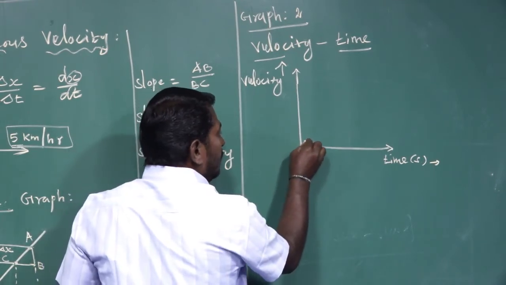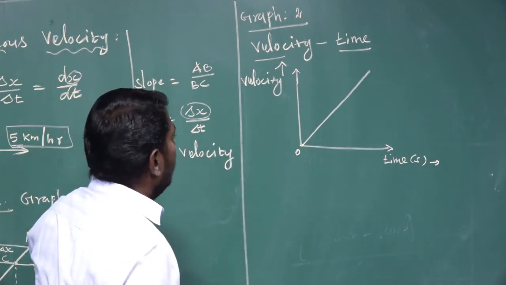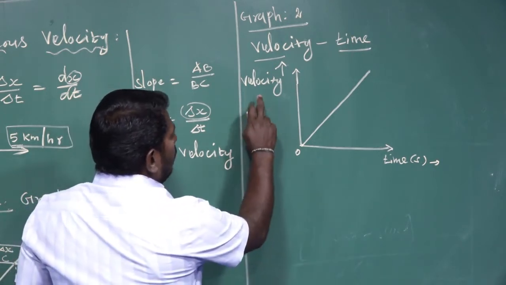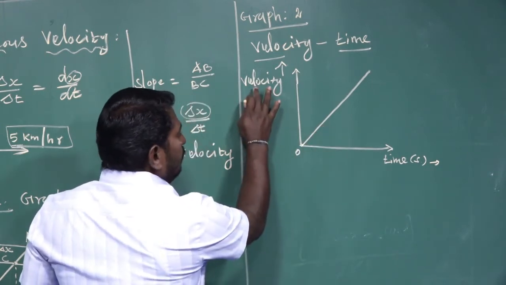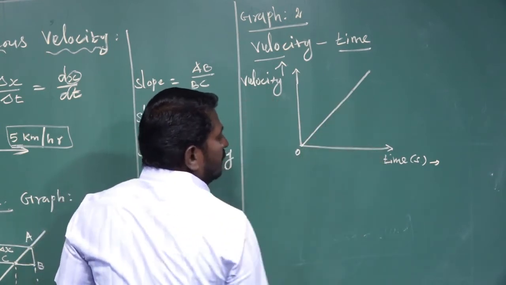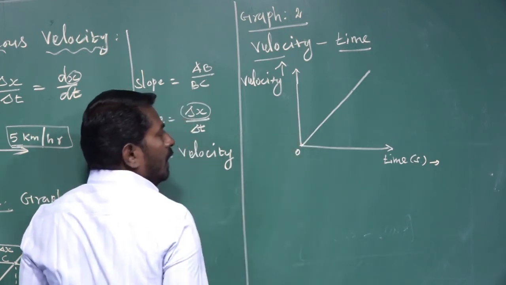We get a straight line. This straight line shows that velocity increases at a constant rate. That's why we get a straight line starting from the origin.